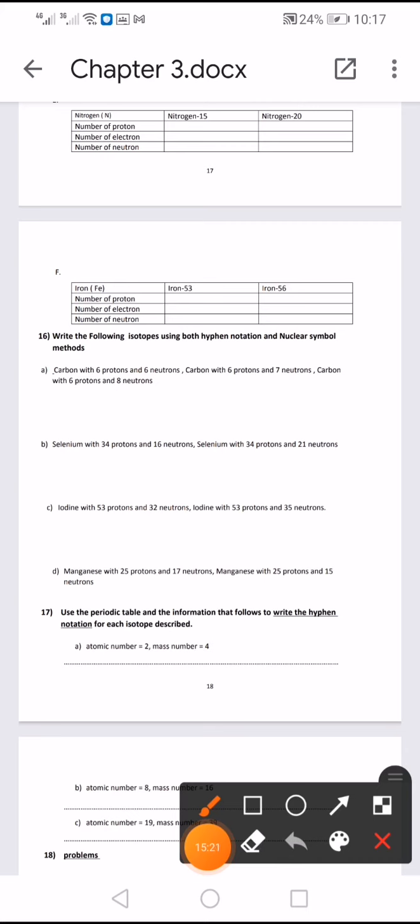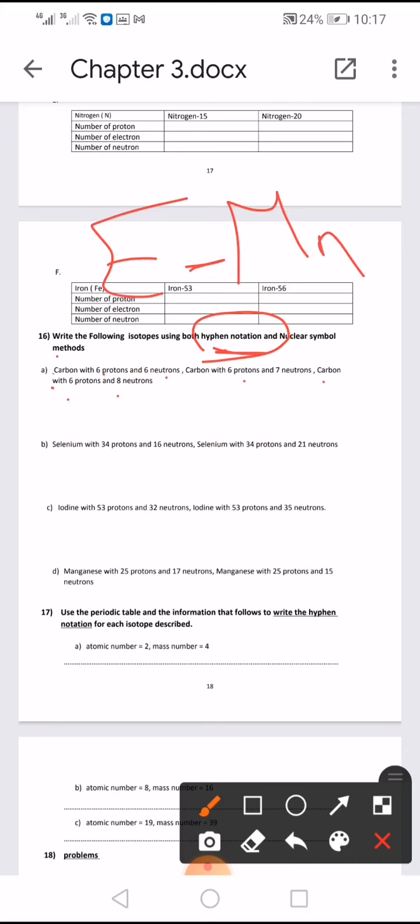Here you write using hyphen notation. We have carbon with 6 protons and 6 neutrons, carbon with 6 protons and 7 neutrons, carbon with 6 protons and 8 neutrons. To write hyphen notation, write the element, then the mass number. Here the name of the element is carbon, so we write carbon, then the mass number.